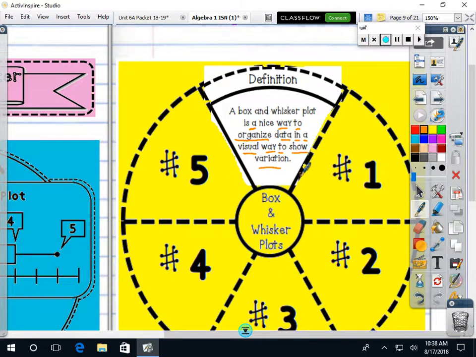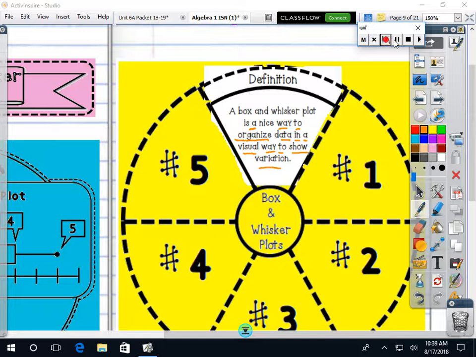Now, who can remind me again what variation is? Hector, room 9. Just take the pass. Okay, what is variation? Right, how spread out the data is.